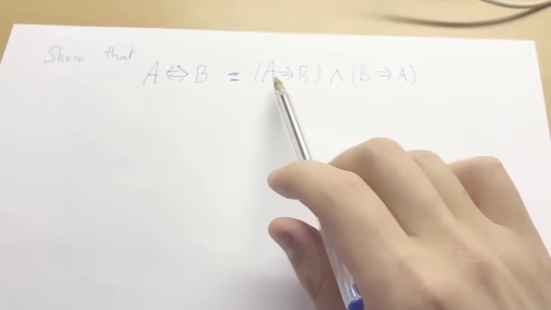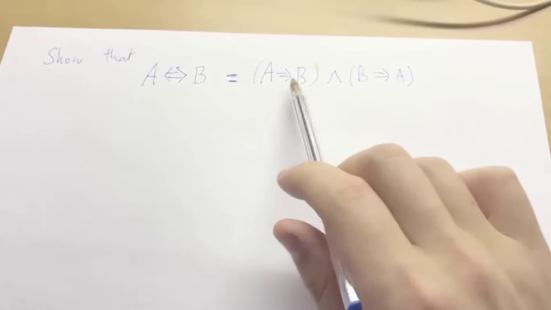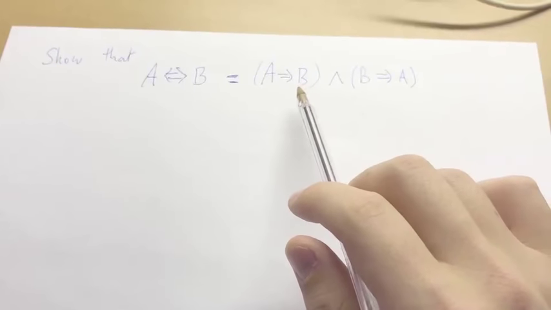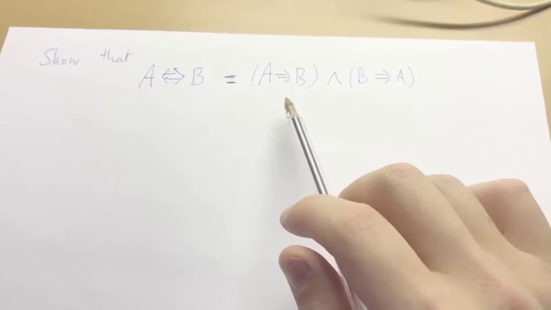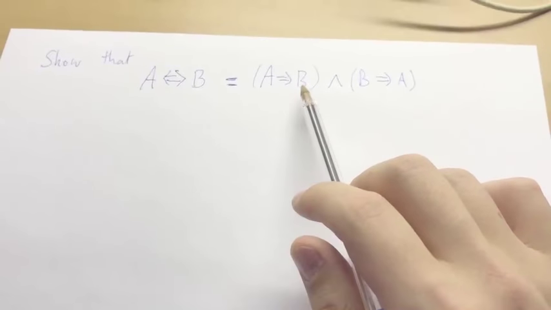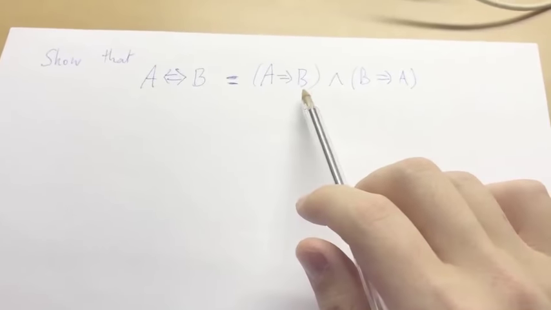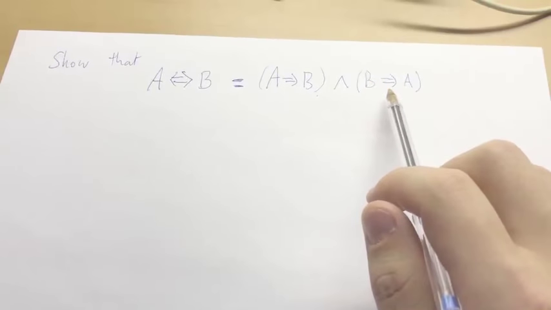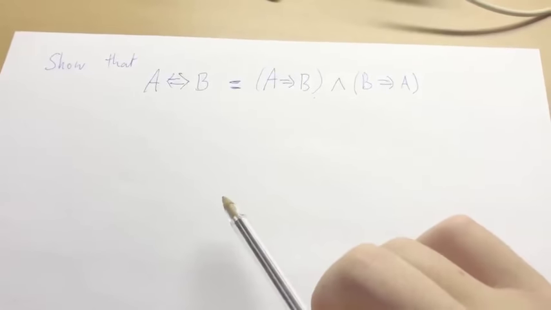So, A only if B actually corresponds to A implies B. A only if B, so it must be true that B is true if A is true. And A if B is saying that A is true if B is true.